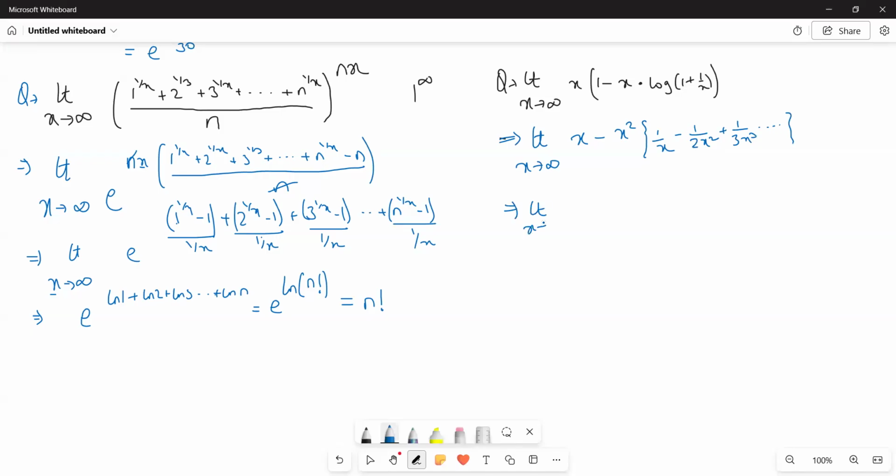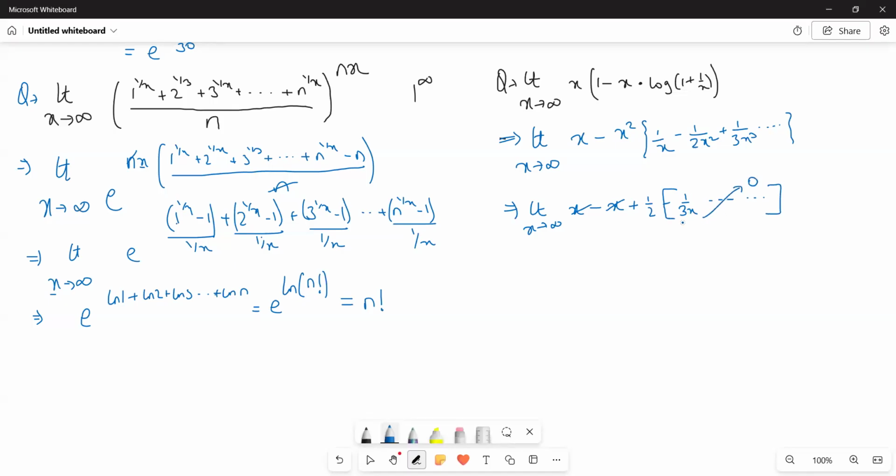So this becomes limit x tending to infinity x minus. x square into 1 by x gives the first term x. Then the next term, x square cancels to give half. Then the next term will be minus 1 by 3x and dot dot dot. So this x and x cancel. Half will remain as it is. And as x tends to infinity, what will happen to the terms 1 by 3x onwards?